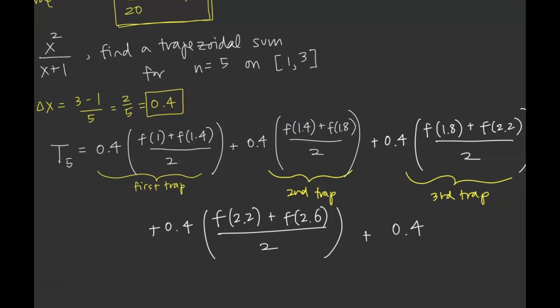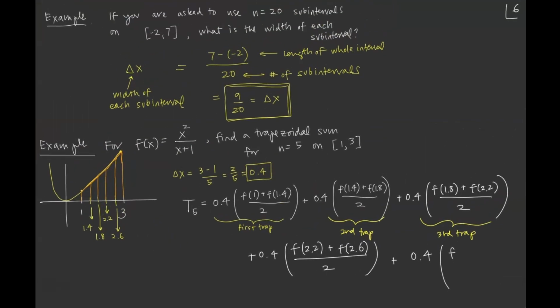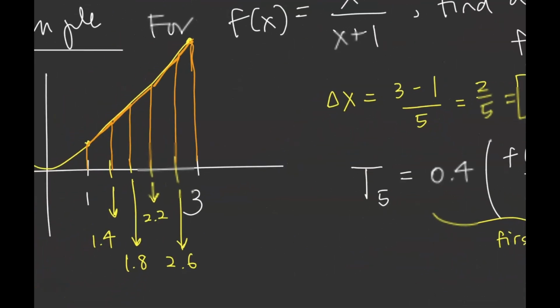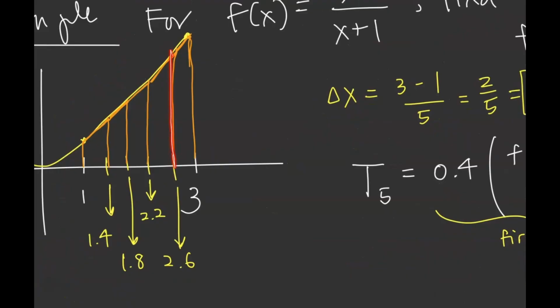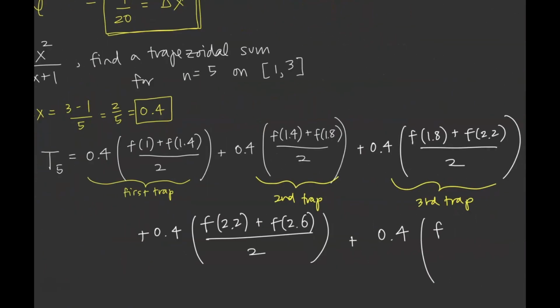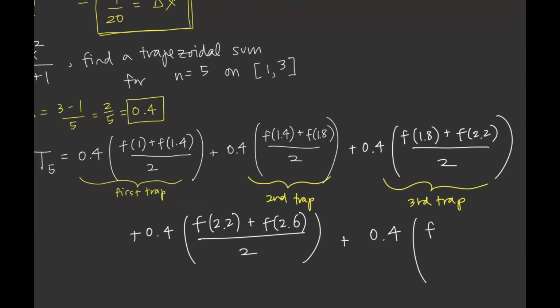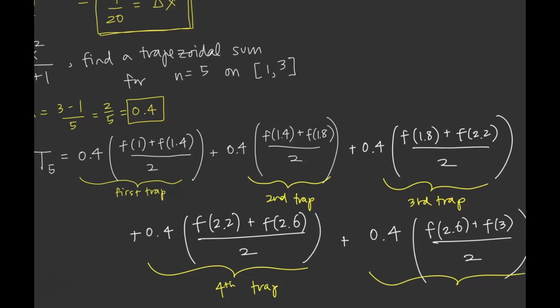And the last one, 0.4, that width, times, for this last one, we're going to get this height, which is f of 2.6, and f of 3, the average of those two, so we'll add them up and divide it by 2. f of 2.6 plus f of 3 divided by 2. So here we've got the area of the fourth trapezoid, and here is the area of the fifth trapezoid.